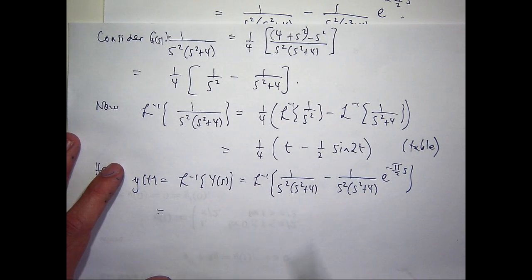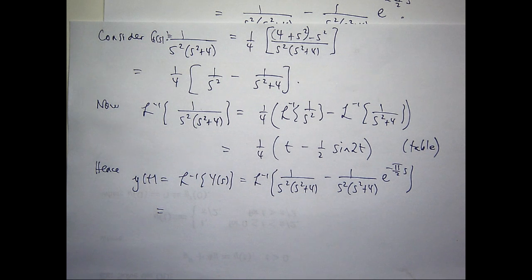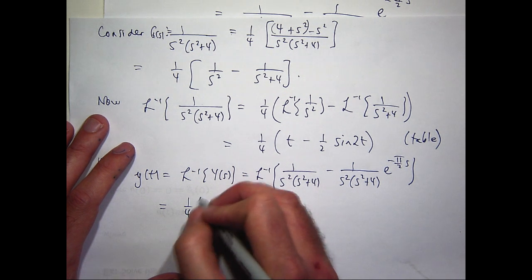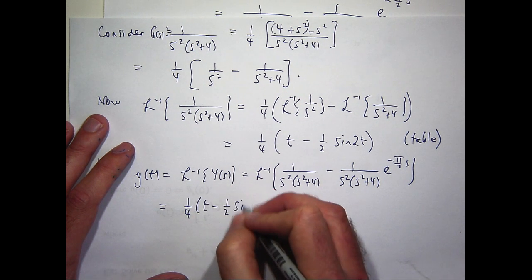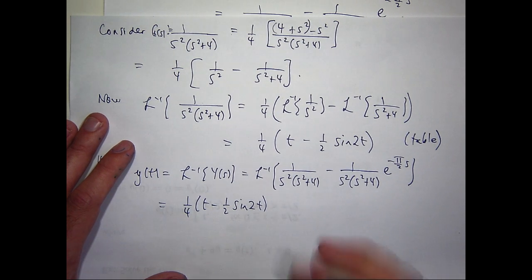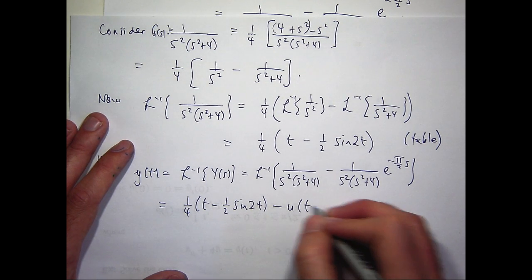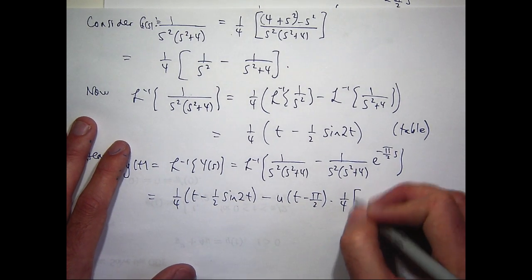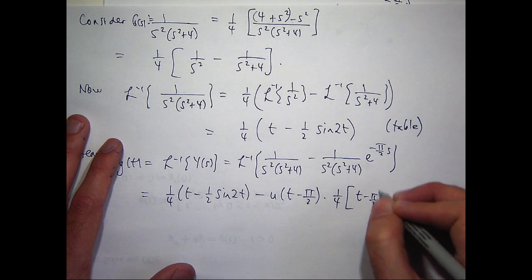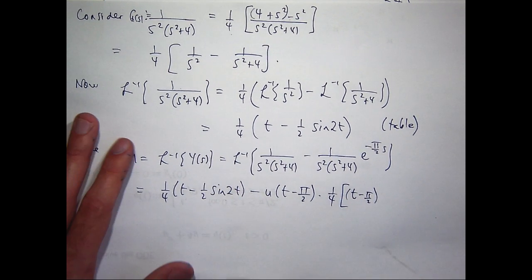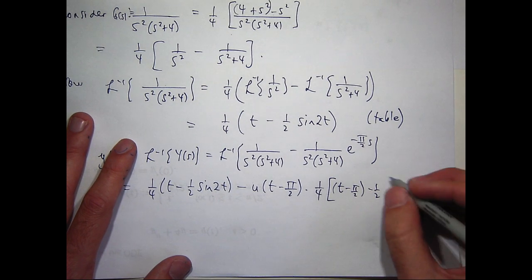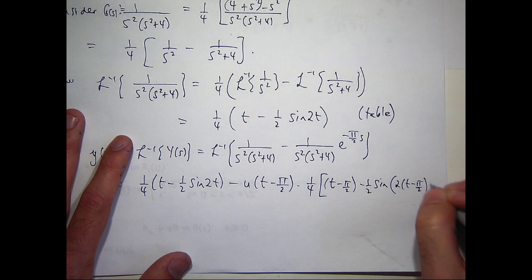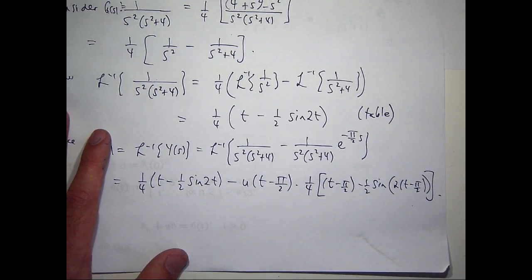And to get this, I just take this, shift it, and multiply through by a Heaviside step function using the second shifting theorem. So it's this function just shifted and multiplied through by this particular step function. So take this and just replace t with t minus pi on 2 in brackets.